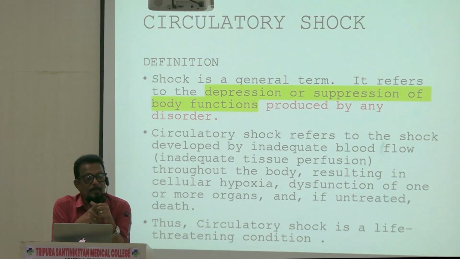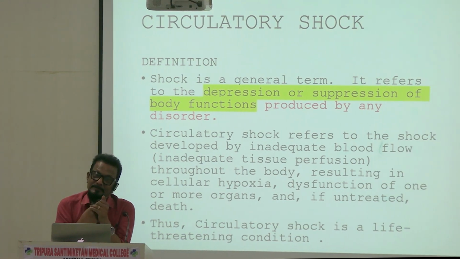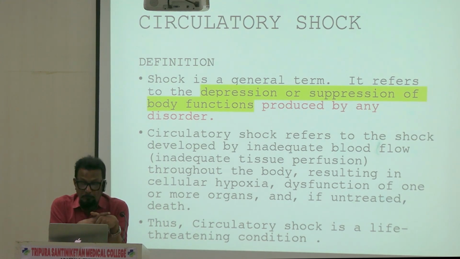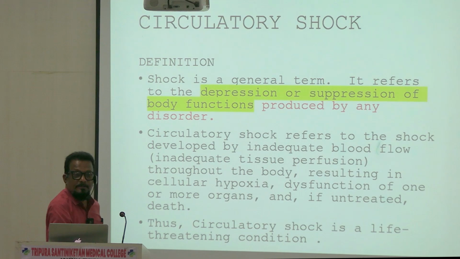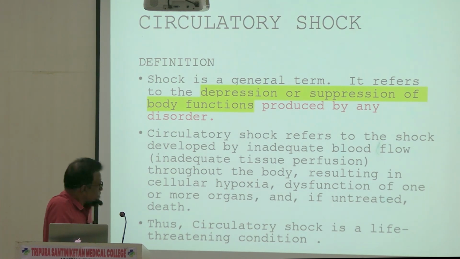The condition is life-threatening and the person may die because of multi-organ failure. For this reason, circulatory shock is a very life-threatening condition, so it has to be taken care of at the beginning.